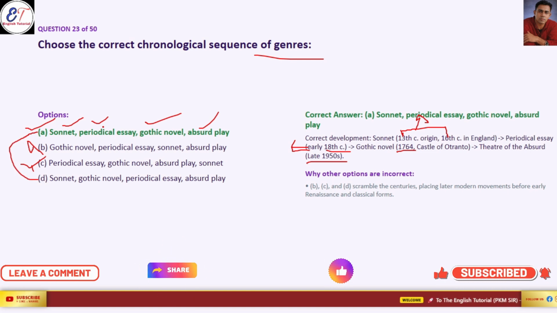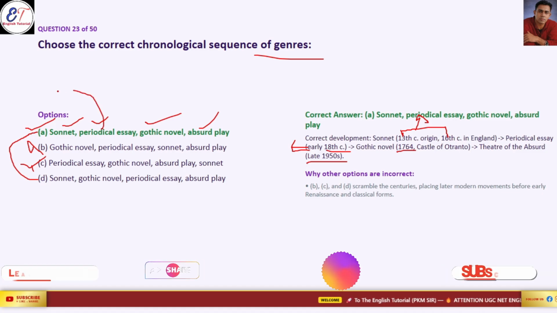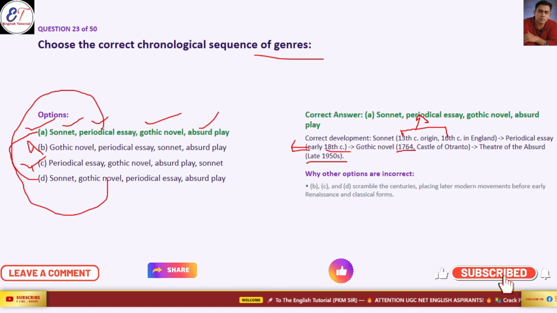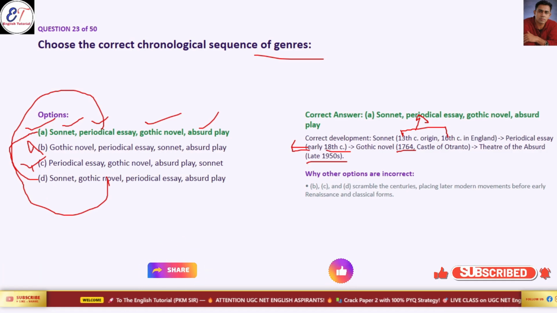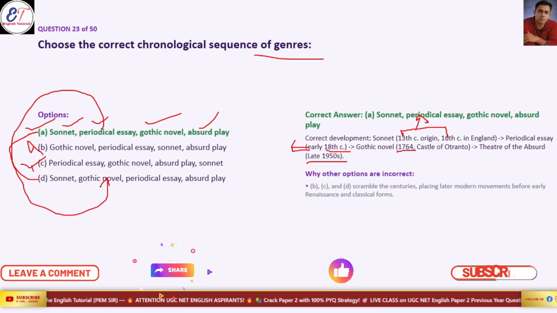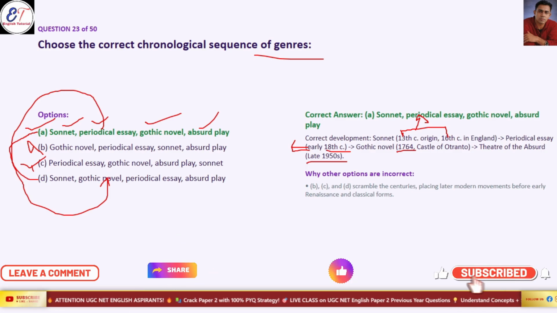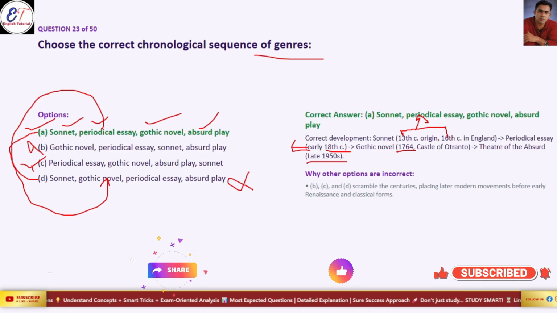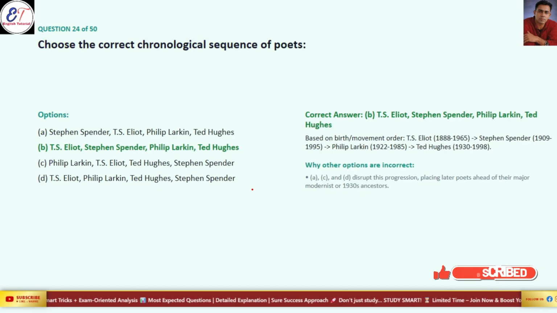But we have to confirm that periodical essays come after sonnet. Here the Gothic novel is given in the second position, so this one is also a wrong answer. Just use your IQ, and you can easily identify the correct answer.